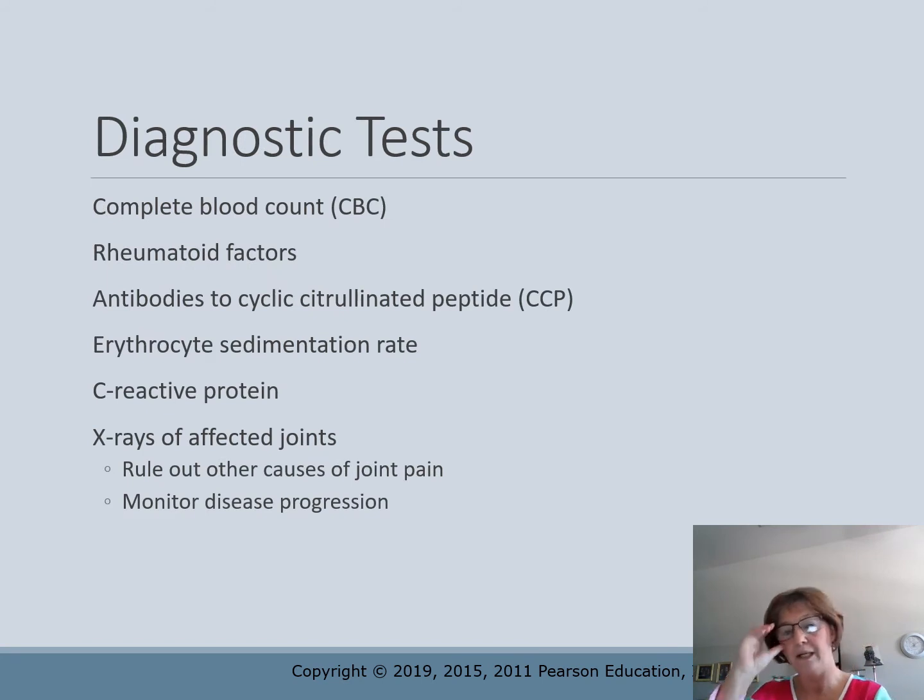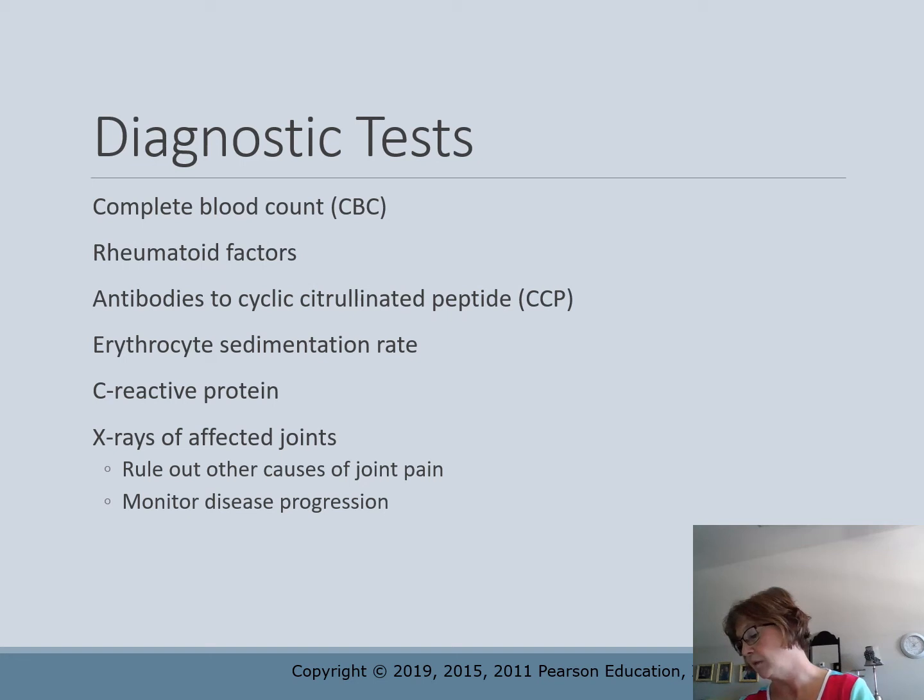Diagnostic tests, how do we look at it? The CBC and the platelets, the WBC, looking for inflammation, looking for decreased production of your white blood cells. With most of these patients, the WBC and platelet counts are usually normal.